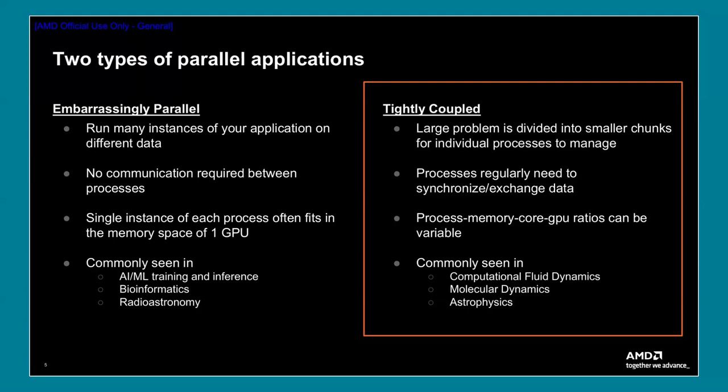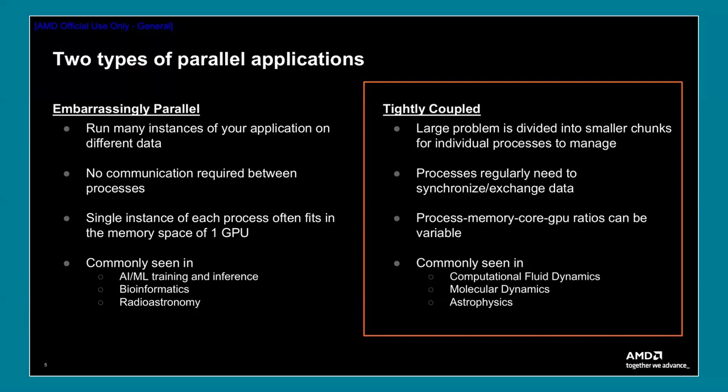I'll point out just a few things that I've noticed working in this realm for some time now. The embarrassingly parallel kind of workflows definitely seem to crop up in artificial intelligence and ML, so both the training and inference style jobs. I see it a lot in bioinformatics as well as radio astronomy.